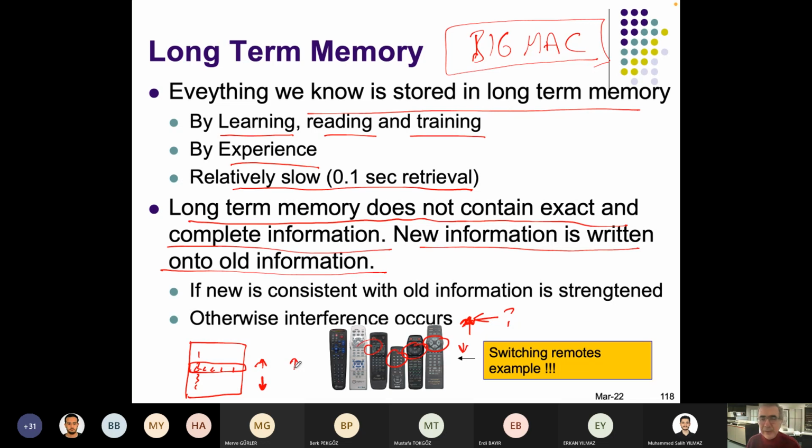But that contradicts in the interfaces sometimes. So most people will fail when they are switching from one television to another, because the other television has accepted a different way of interacting with the channel numbers. Until you get used to it, you fail.